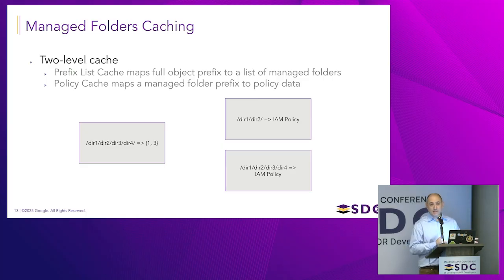All your writes come in at the same time. Similarly, the next stage in the pipeline reads all of the files at the same time. So you often get co-location of workloads for a single prefix, and by caching the full path, that first cache tells you where the managed folders are, then the second cache lets you get the data. We find that this two-level cache works really well in practice to minimize the performance cost of implementing managed folders.